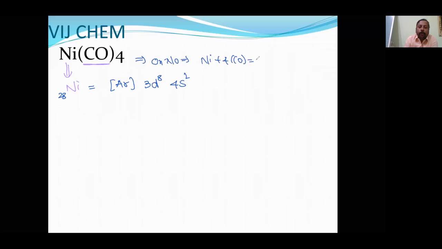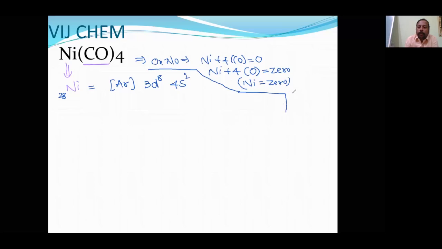Nickel plus 4 into CO will be 0, because the total charge is 0. Carbon monoxide is a molecule, therefore its oxidation number is 0. So the nickel oxidation number is 0, which means you need not eliminate any electron.